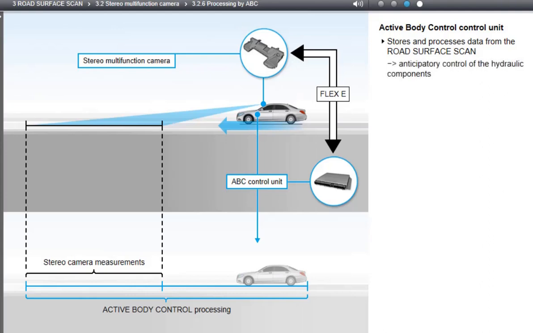On this basis, it can optimally control the hydraulics of the suspension system and switch the control valves as preparation, so that the suspension struts will react to road bumps precisely when they are encountered by the wheels. If necessary, the vehicle level can then also be raised altogether early, for example, prior to braking thresholds for reducing congestion without this being noticeable to the occupants. Please click on the control unit to see the corresponding control interventions by active body control.